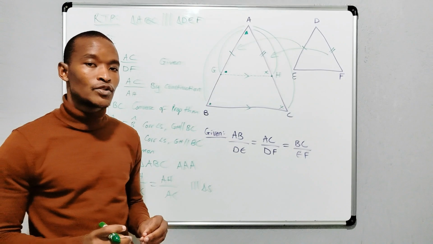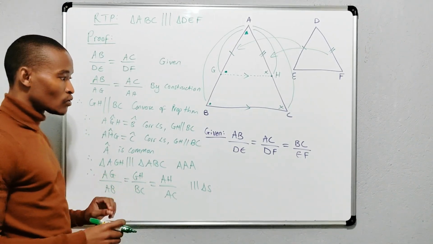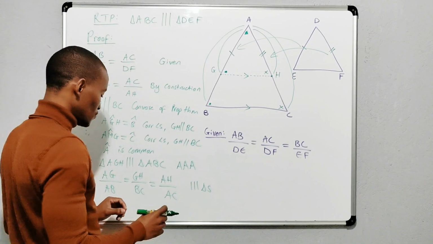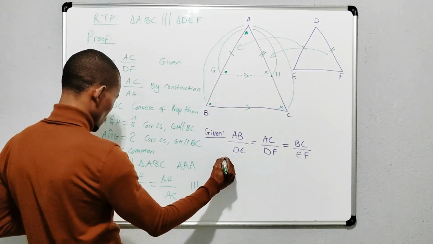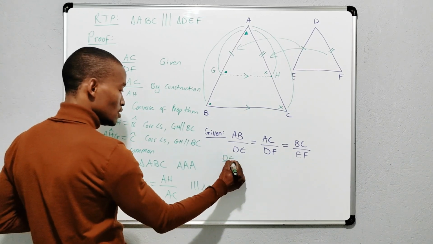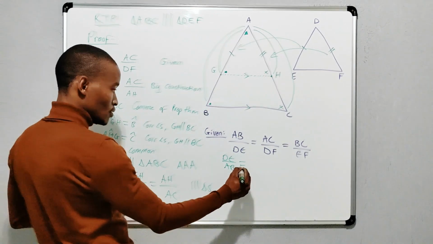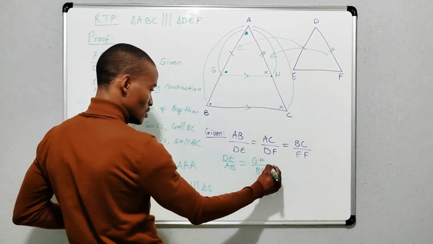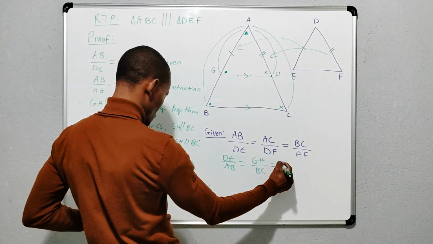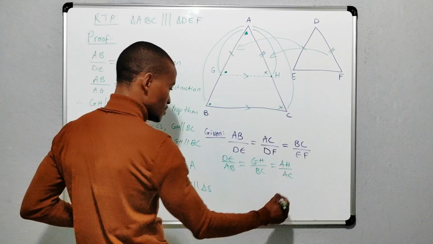We now want to use substitution to go to the concluding part of the proof. AG is equal to DE. So we have DE over AB is equal to GH over BC is equal to AH over AC.